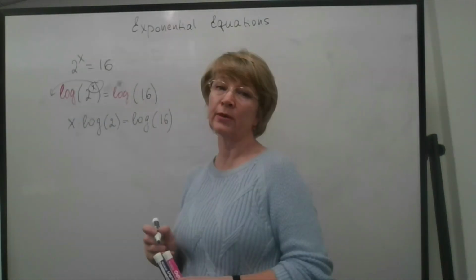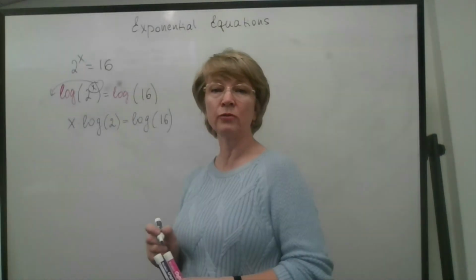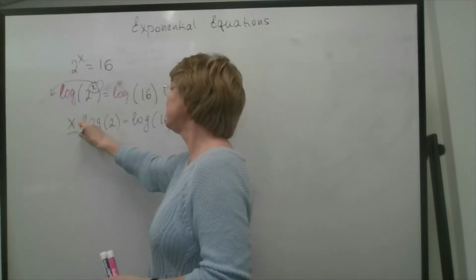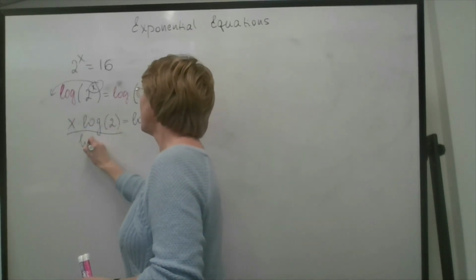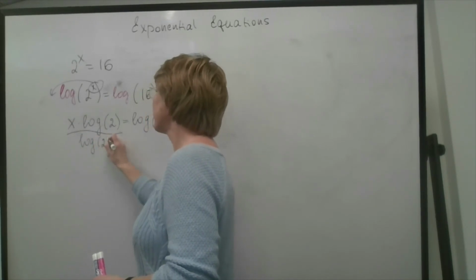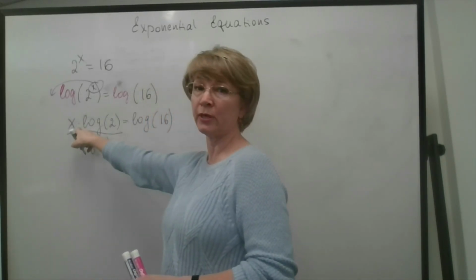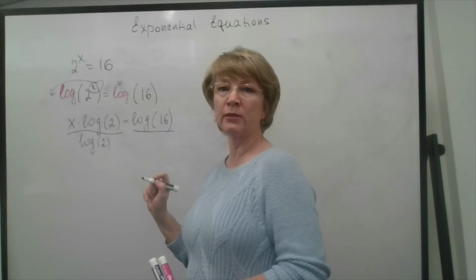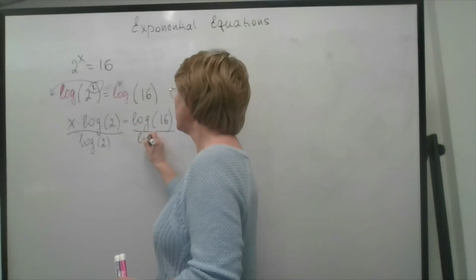Logarithm of 2 is a number that you can calculate on your calculator. So to have x by itself, we have to divide by logarithm of 2. Because it's multiplication here, we have to do division. And whatever we do to one side, we have to do the same to the other side.